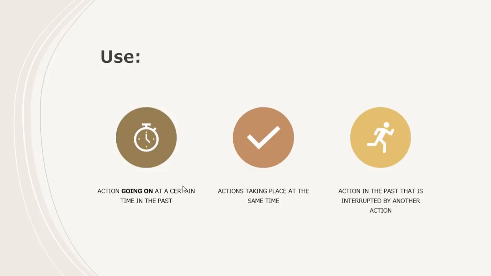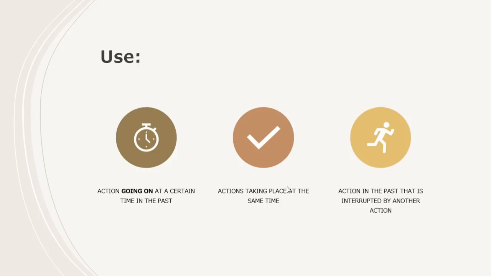Children, it is used as an action going on at a certain time in the past. So, when we are talking about present continuous, it is going on, but now, the time is now, but here in the past, okay?